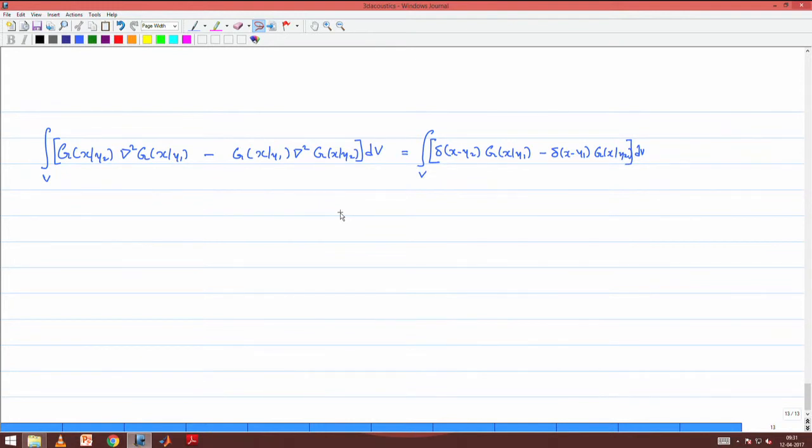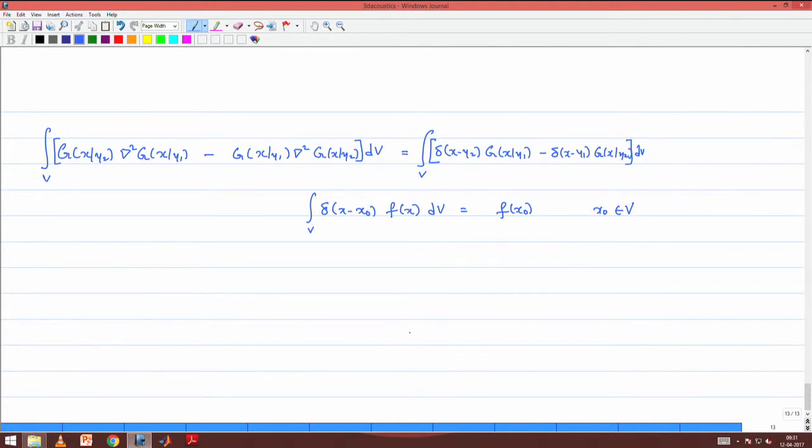In mathematics we have this very important result, the integration of a delta function with any function. The integral of delta(x minus x0) f(x) over any volume is f(x0), provided x0 is within the volume of interest, right.